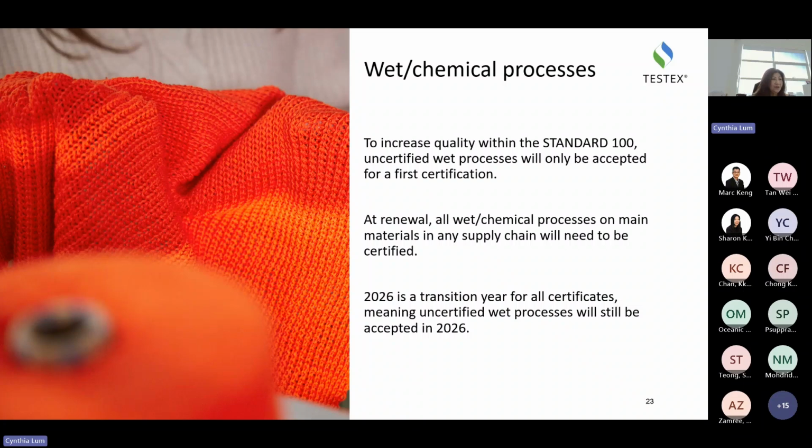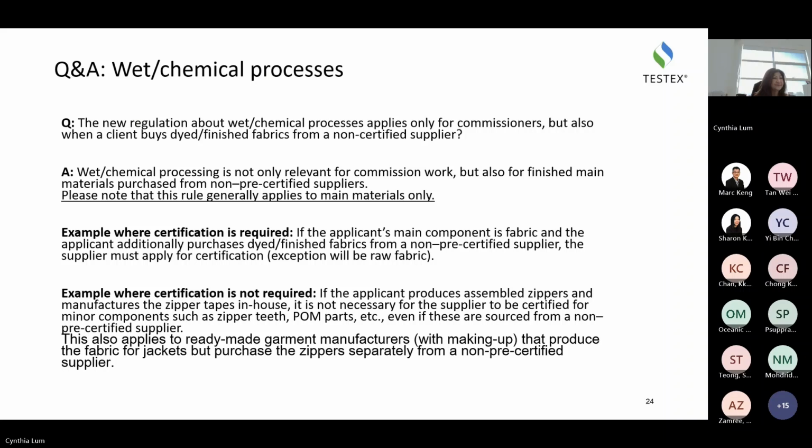It means that all in the supply chain who are providing commission services, and it is a wet process like dyeing, finishing, washing, they need to have their own certificate. So, giving a few Q&A here, right?